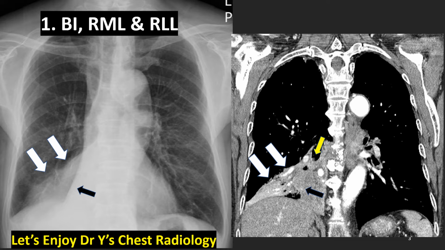And what about the yellow arrow? That is the indication of the tumor, lung cancer, in the bronchus intermedius. So, obstruction of the bronchus intermedius makes the combined collapse of the right middle lobe and right lower lobe.